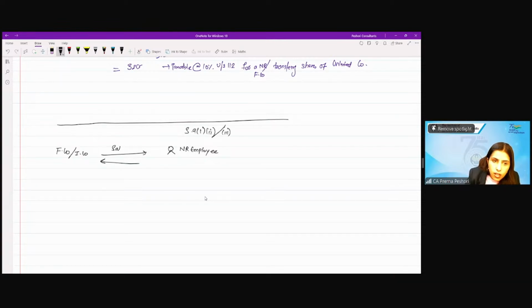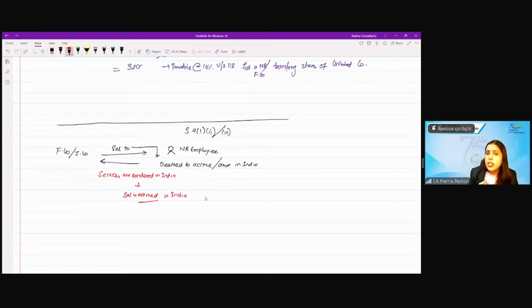Now this salary to the non-resident will be deemed to accrue or arise in India if the services are rendered in India, which means the salary is earned in India.